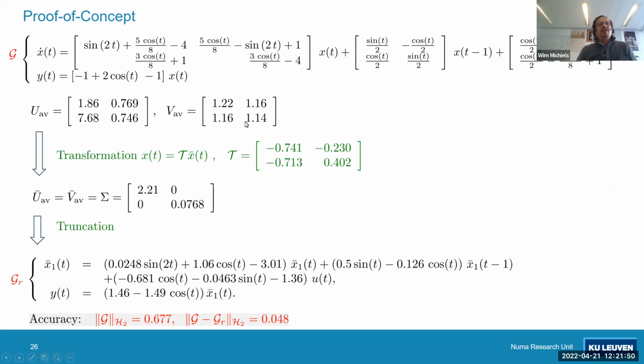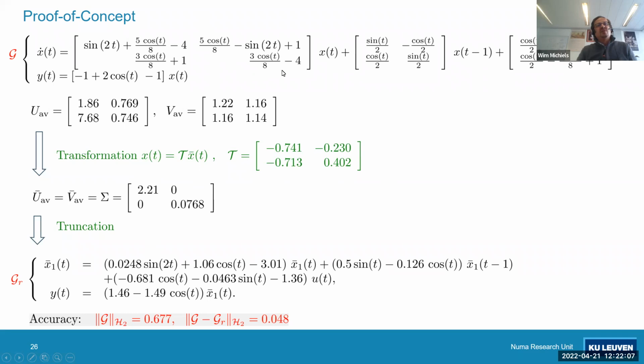And now we do the balancing transformation. I transform the state in such a way that we get, at the end, some diagonal, so that both U, F and V, F become diagonal.